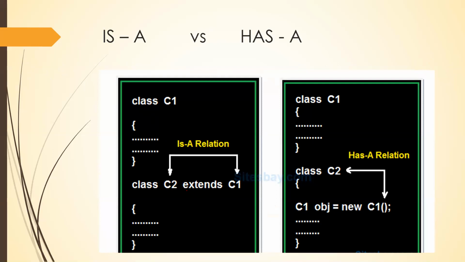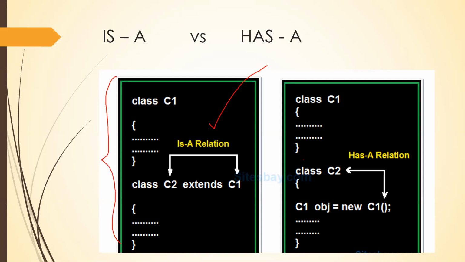So I write class C2 extends C1. I call it an is a relationship. C2 is an inherited class of C1. So this is how, with respect to classes, you will represent is a.